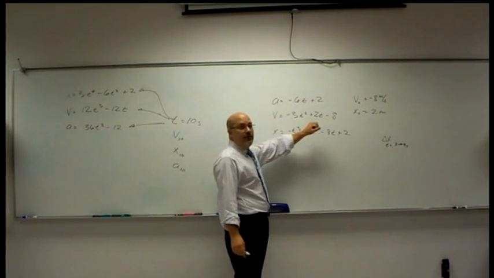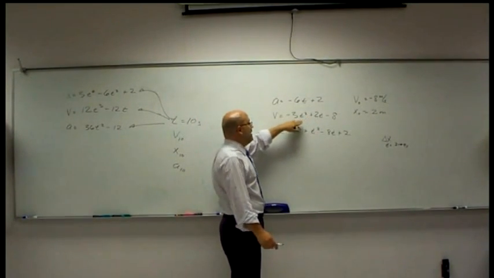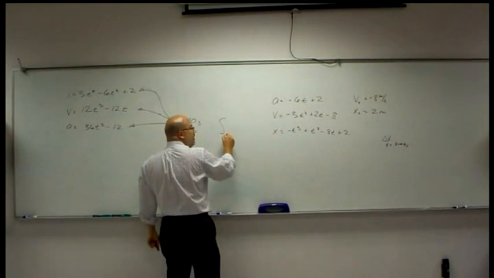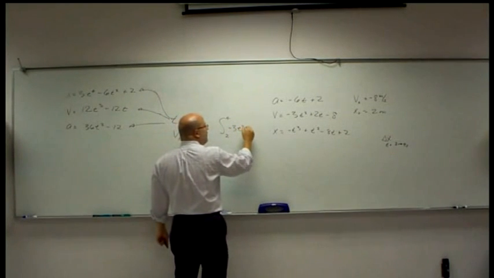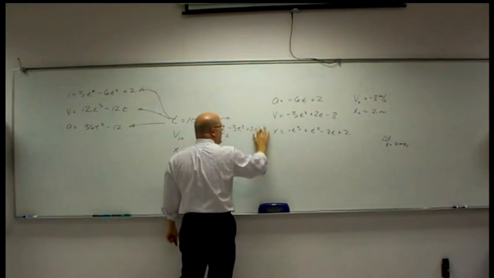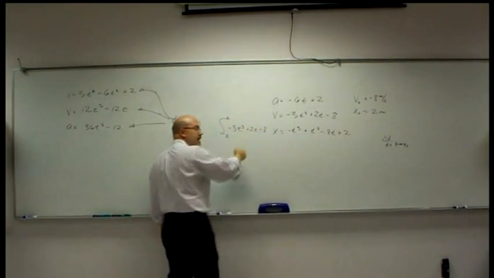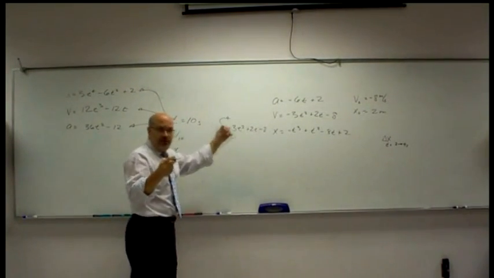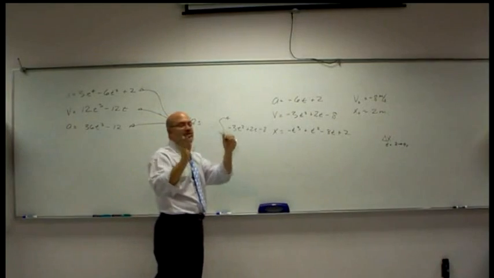Now, one way to do that is to integrate the velocity equation from 2 to 4 seconds, negative 3t squared plus 2t, minus 8. Definite integral, you'll end up with x, right? The total x traveled, or the change in displacement.